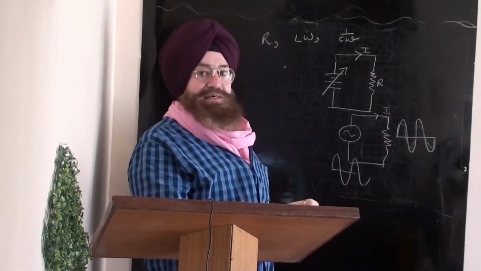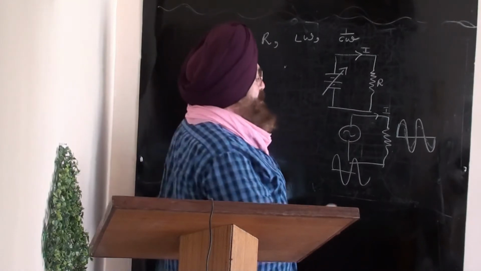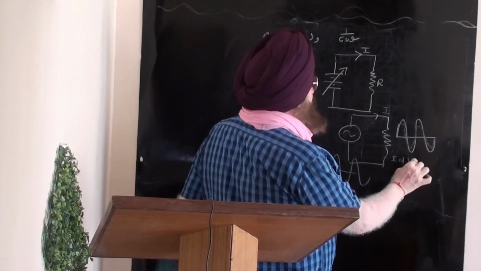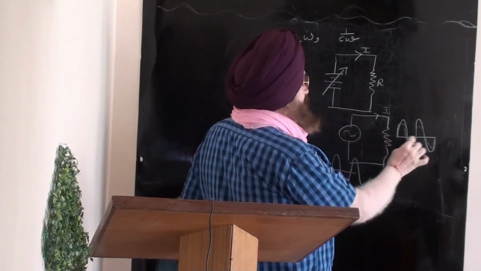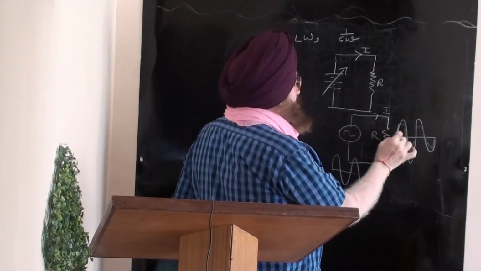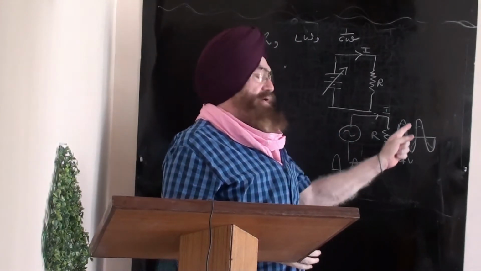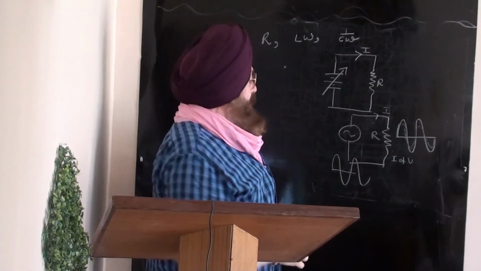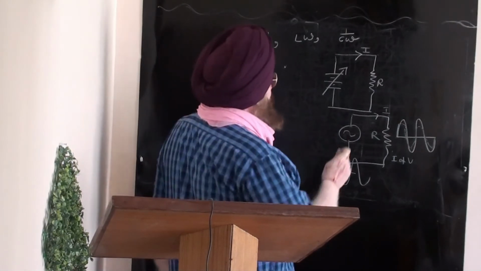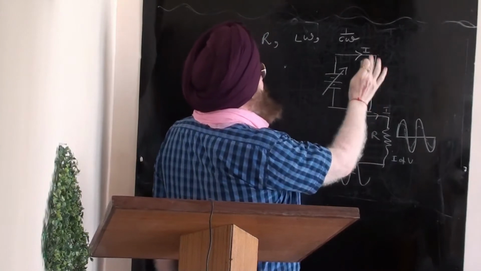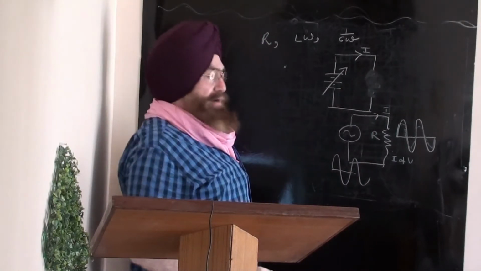So we'll say that current and voltage are in the same phase when passing through the resistor, same dancing.